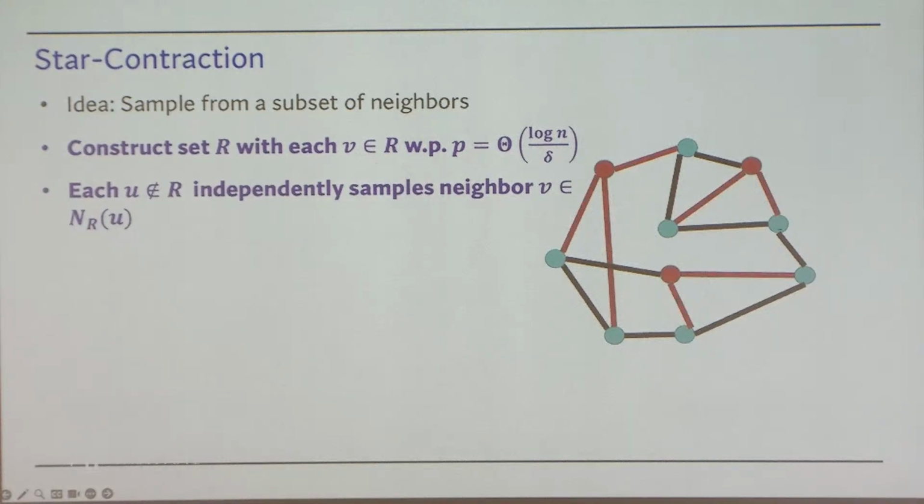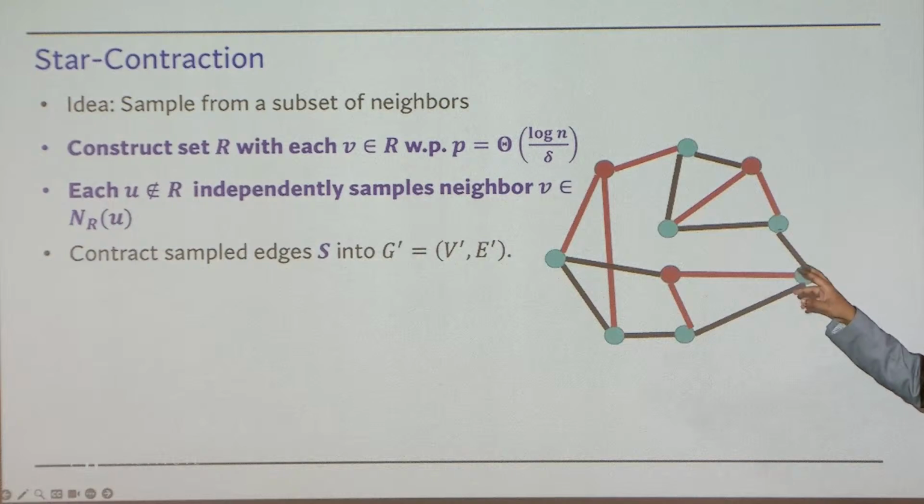And for every other vertex, I'm going to look at its neighborhood, look at how many of the special red vertices I have in the neighborhood, and amongst them, pick one at random. Once you have done that, you have a bunch of stars hanging from each of the red vertices. How many stars do you have?